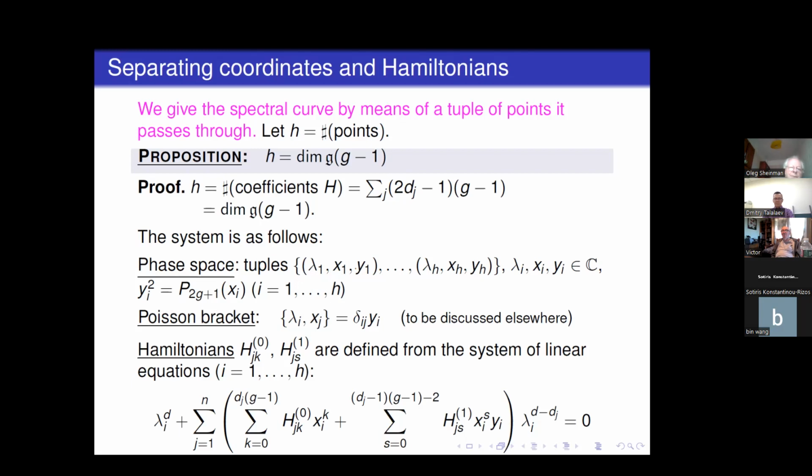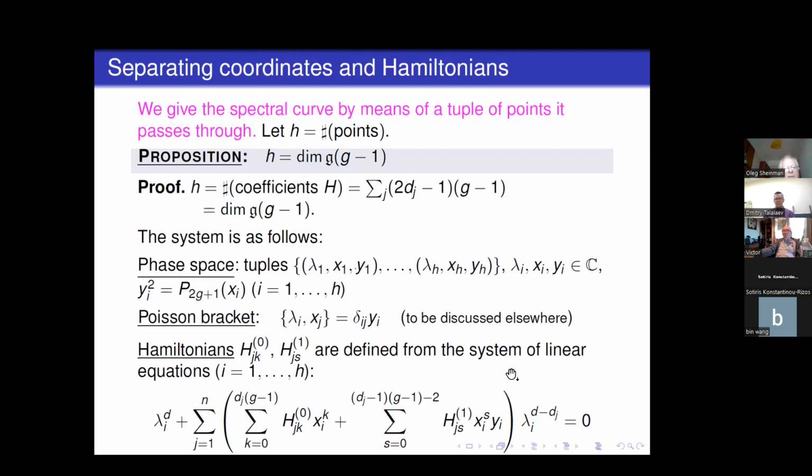The Poisson bracket is defined by this formula, and the Hamiltonians are defined from the system of linear equations expressing the fact that our spectral curve passes through the points lambda, x, y.